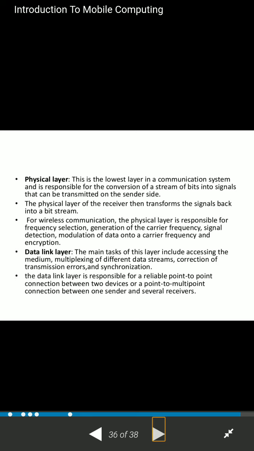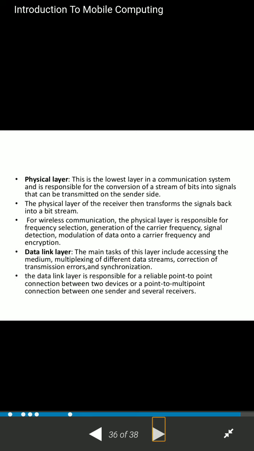How does this conversion happen? When you are talking with your friends, your voice is converted from a stream of bits into signals that can be transmitted on the sender side. When you are making a call, it is the conversion of a stream of bits into signals that can be transmitted on the sender side.